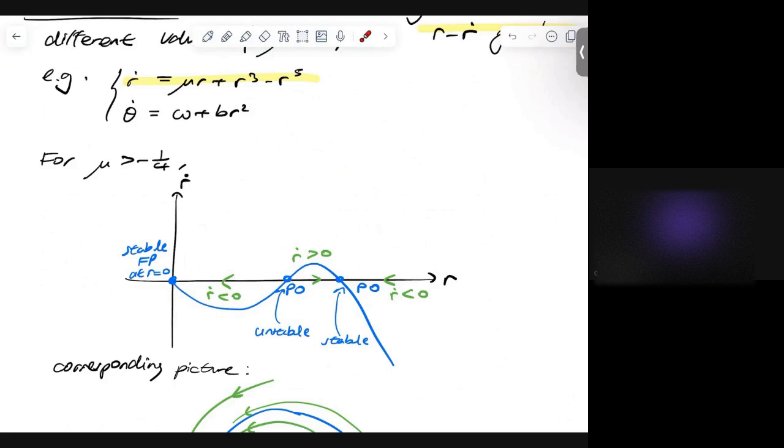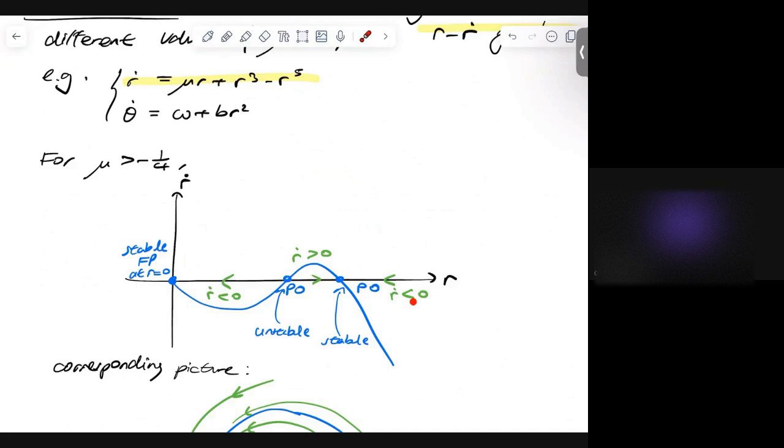And what you do is you say, when R dot is below the R axis, it is negative, and therefore we're flowing in the negative R direction towards the origin at 0. So we draw in an arrow there, we draw in an arrow here because we have positive R dot, and then here we draw in a negative arrow because R dot is less than 0.